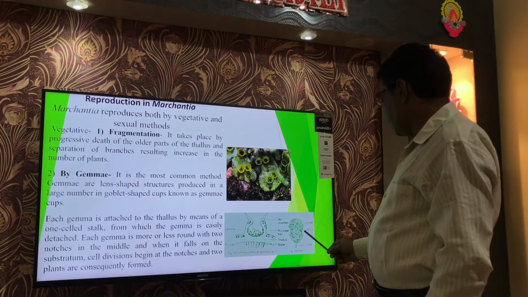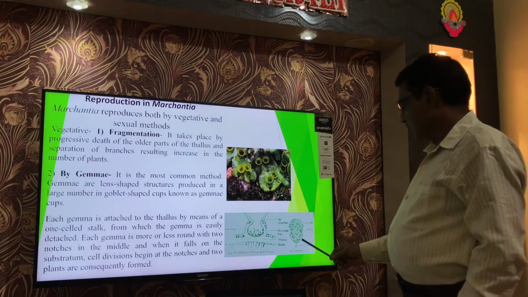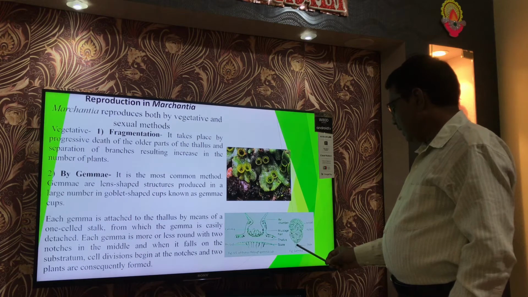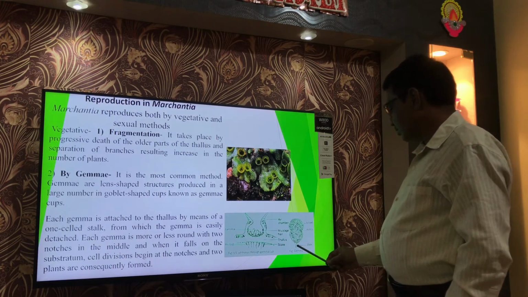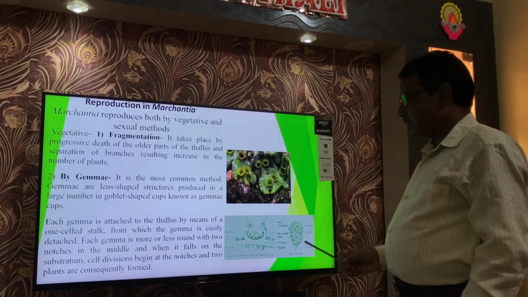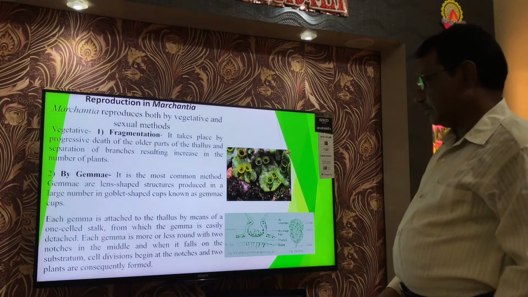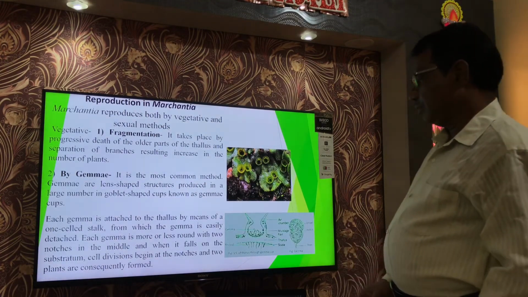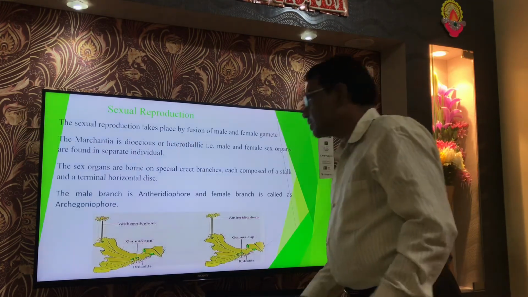They are formed due to the presence of a notch in the middle, and when it matures, this body gets detached from the cavity of the cup, from the stalk, and when it falls on a suitable substratum, it begins to develop into a new gametophytic thallus of Marchantia.